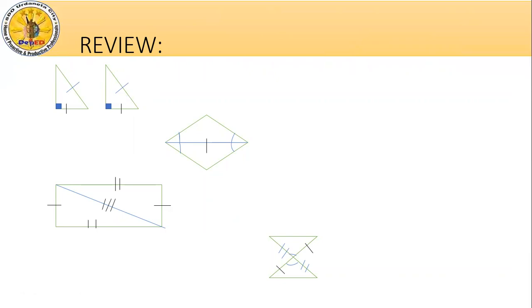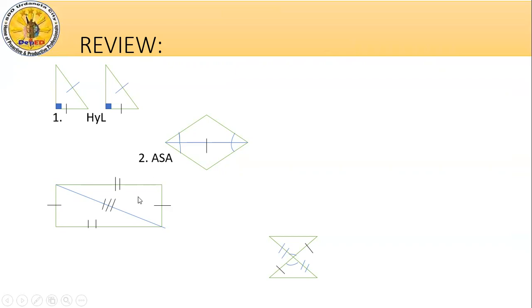For number 1, it's congruent by HL, or hypotenuse-leg congruence. These are right angles. How about number 2? It's congruent by ASA, or angle-side-angle.